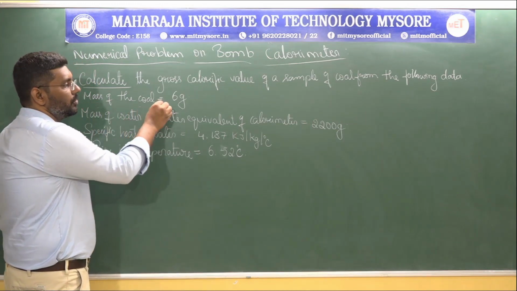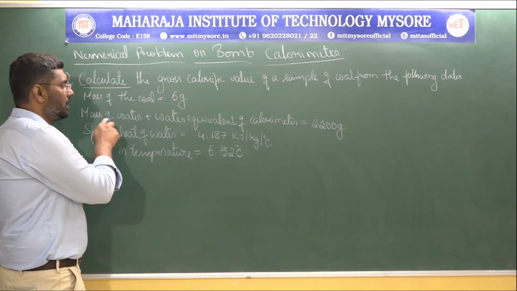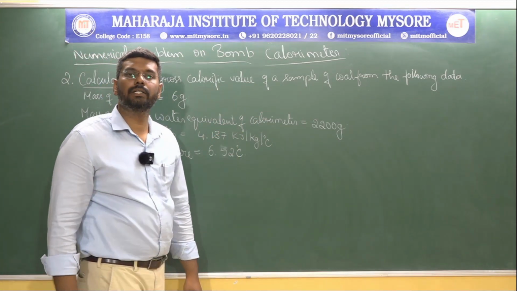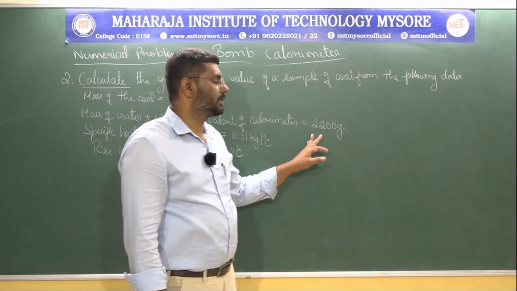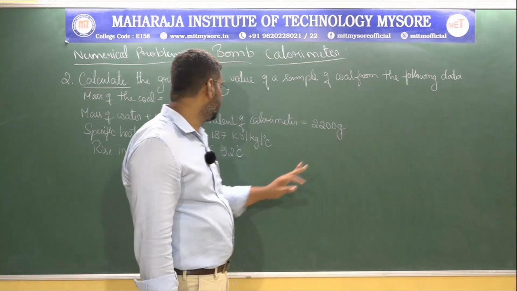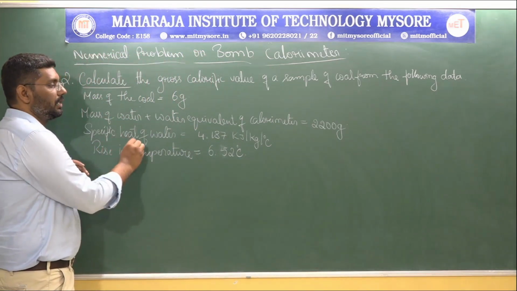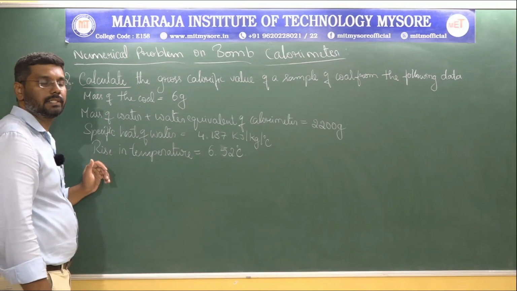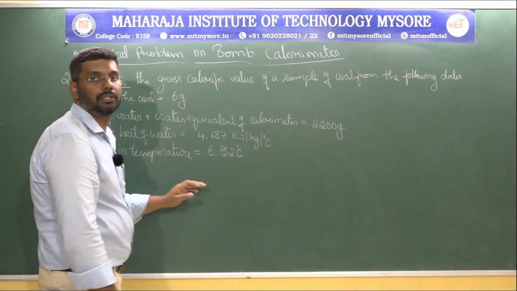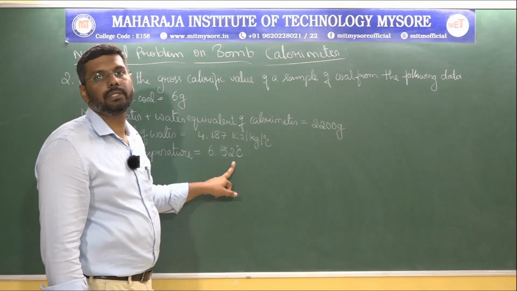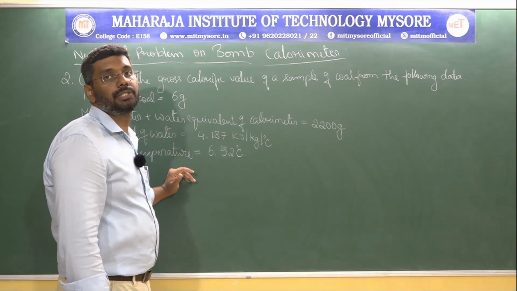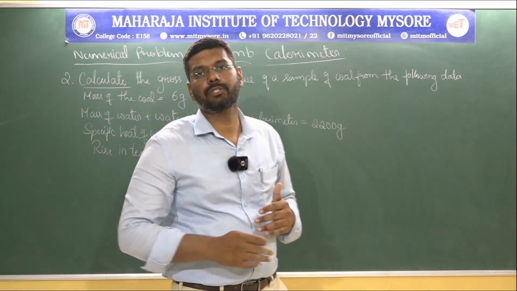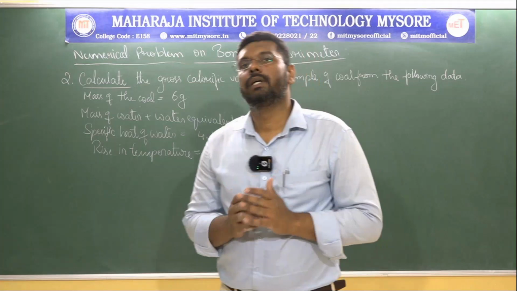He has given the mass of the coal as 6 grams, and the mass of water plus water equivalent of calorimeter, both capital W and small w, altogether as 2200 grams. He has given the specific heat of water as 4.187 kilojoules per kg per degree centigrade, and the rise in temperature as 6.52 degrees centigrade, because he has not given the initial and final temperatures. Instead, he has given the rise in temperature, which is nothing but T2 minus T1.